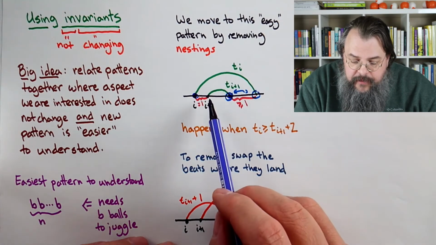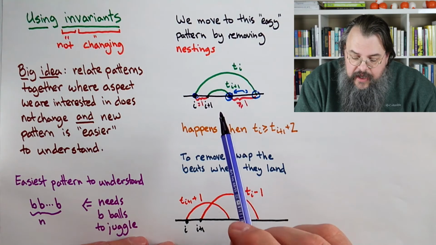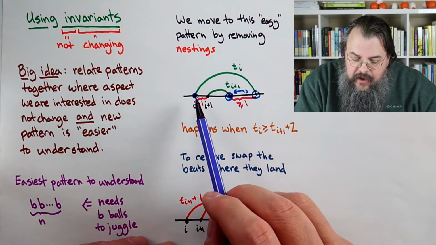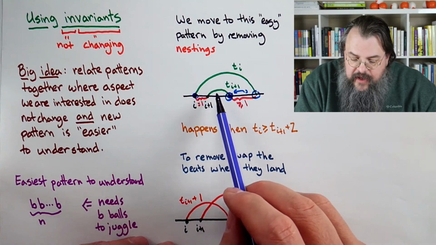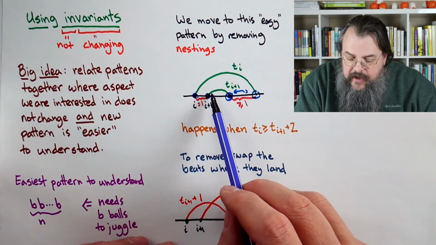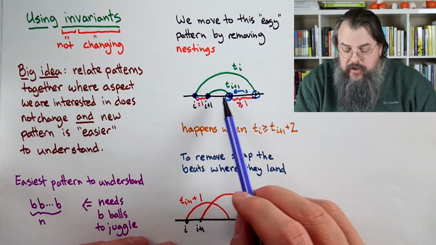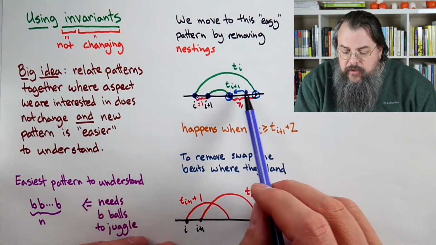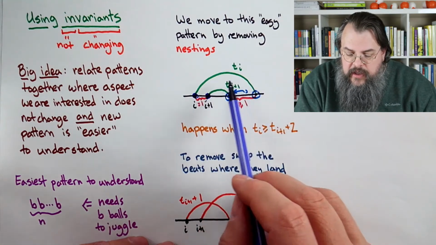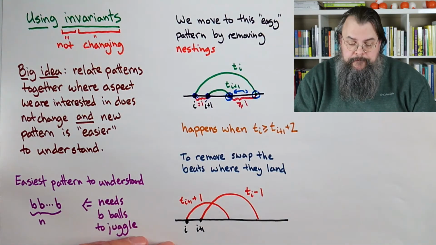Now, how about from I plus 1? What's that going to be? If you think about it, I'm starting from there, going to there, so I'm going in between. And the distance is this total length, but then I have to subtract 1.